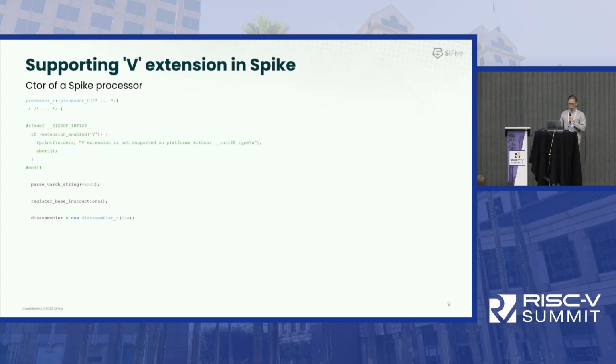Under the constructor of the processor class, we can see the main components that a new instruction extension needs to be extended upon. I'll go through them one by one. First of all, you can see the check for support of 128-bit integers for the V extension.